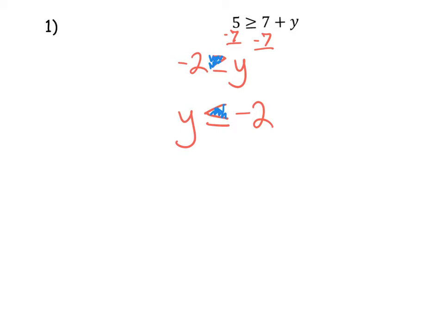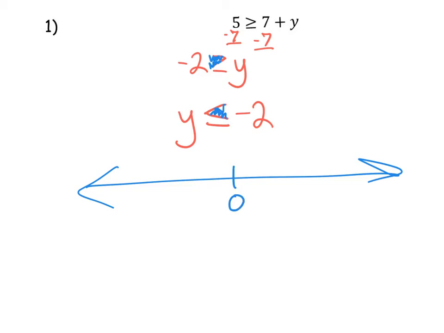Now let's make a number line. Let's graph this. All right, referring back to our how to graph section. Is this going to be an open circle or a closed circle? A closed. Closed. So make a 0 and make a -2. Closed.